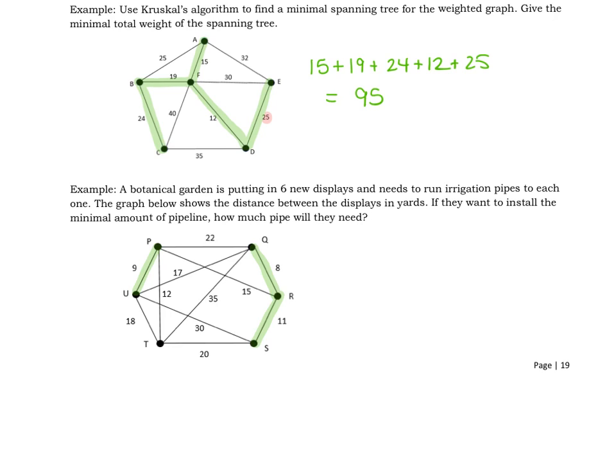That's not creating a circuit, going from P to R. Our next smallest weight would be 17, and notice that if we did do the 17, that would create a circuit: U, P, R, Q. So we don't want to include the 17.